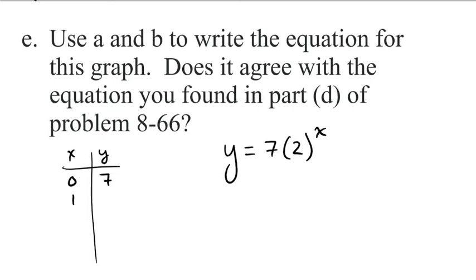If x is 1, we get 14. If x is 2, I double it, I get 28. And if x is 3, we're up at 56. We can see that it's hitting the two points we see on the graph: the y-intercept at (0, 7), and the additional point at (3, 56). So we know this is correct.